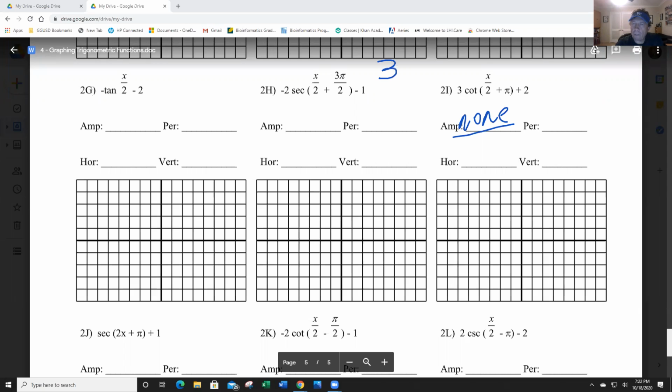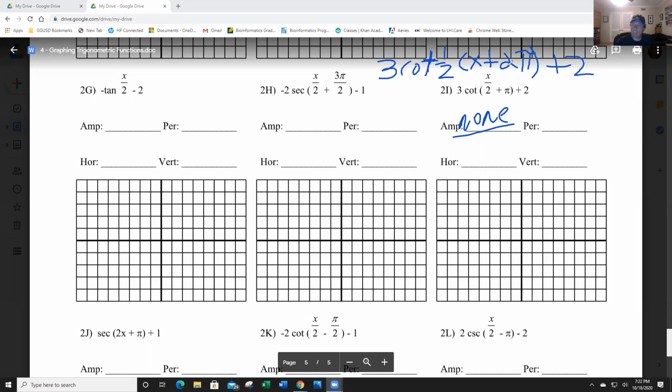3 cotangent 1/2 x plus 2 pi plus 2. If you're not sure about it, take 1/2, multiply it by x, and indeed you get x over 2.